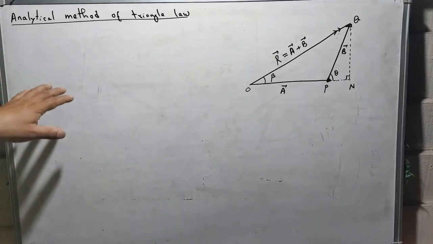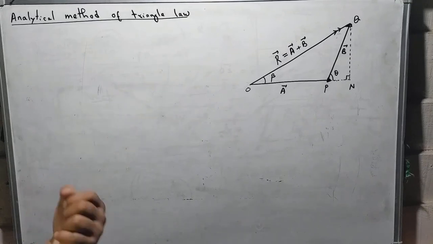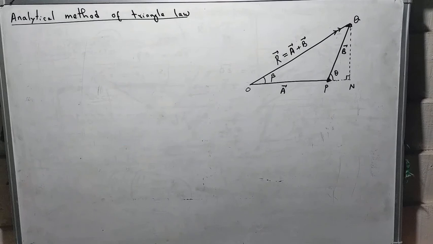Now we will discuss the analytical method of the triangle law of vector addition. You know that when two vectors A and B are represented in magnitude and direction by two sides of a triangle, then the third side gives you the resultant vector.